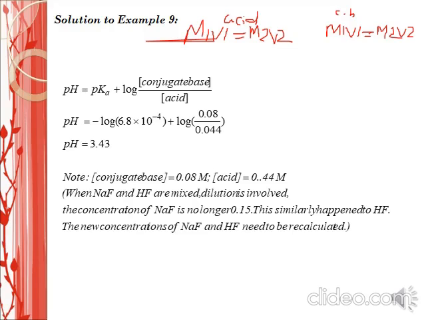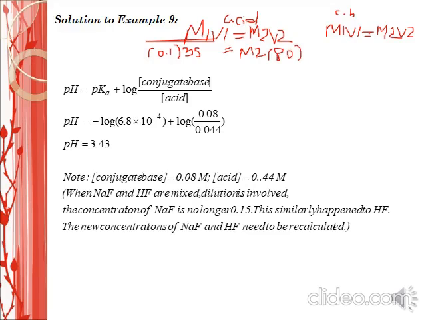So what is the original volume of the acid? 35 ml of hydrofluoric acid. What is the concentration of the hydrofluoric acid? 0.1 molar. After mixing, what is the final volume? We want to find out the new concentration of this acid. After mixing, what happened to the volume? Of course, 35 plus 45 of the volume of the base, so it becomes 80.